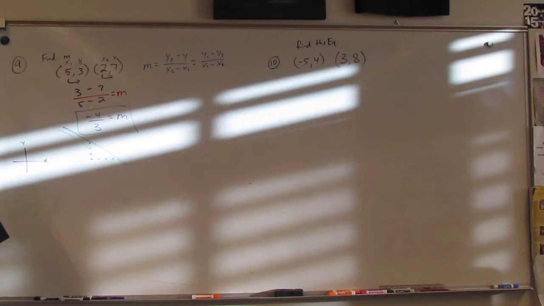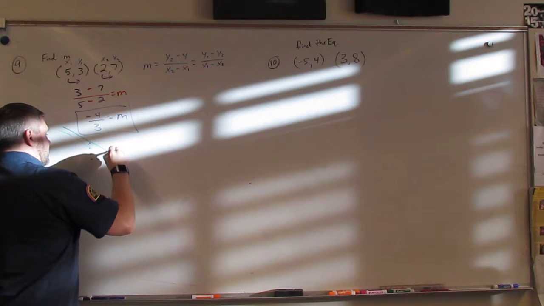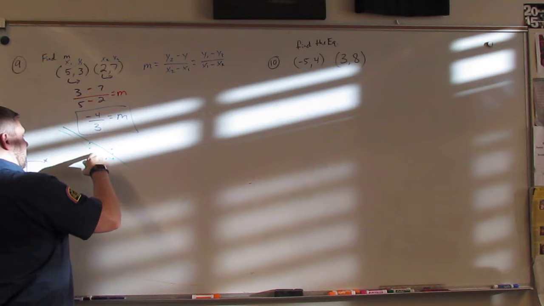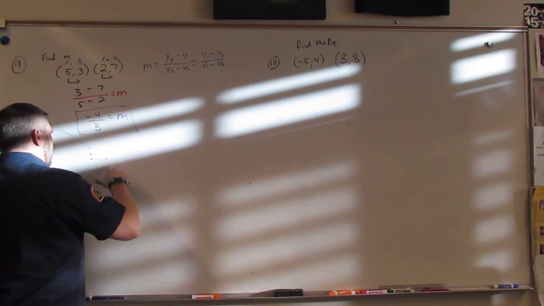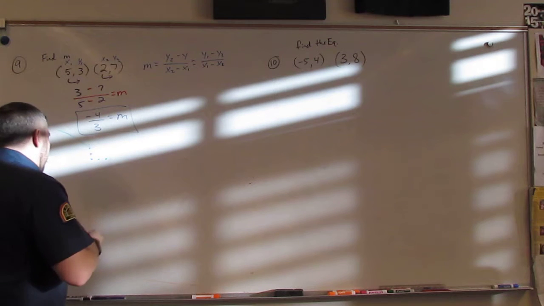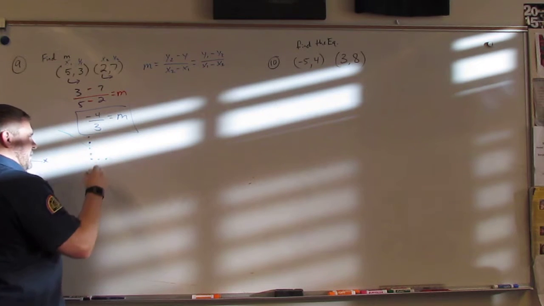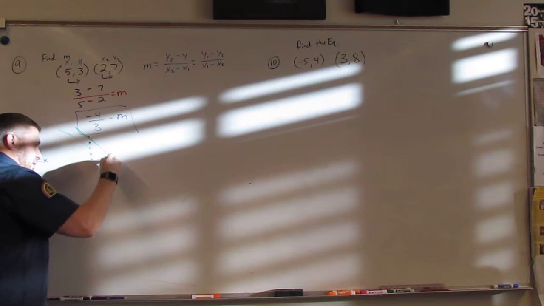Now your way said, well, I'm going to go up 1, 2. Sorry, I didn't go down 4, first of all. There we go. So down 1, 2, 3, 4, and right 1, 2, 3. And that's my slope.